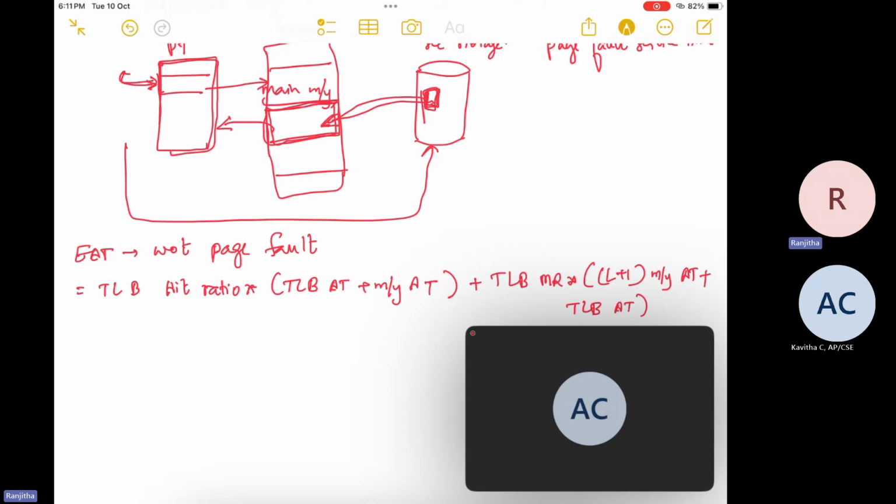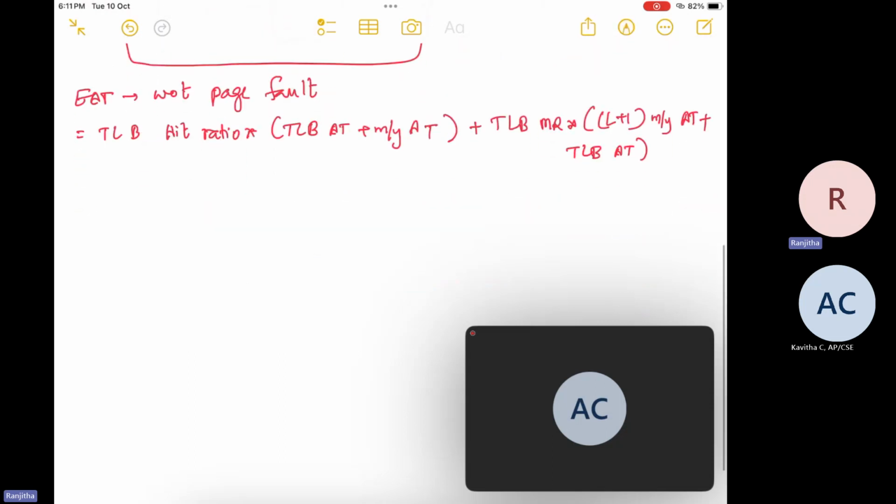So this is when the page fault is not there.